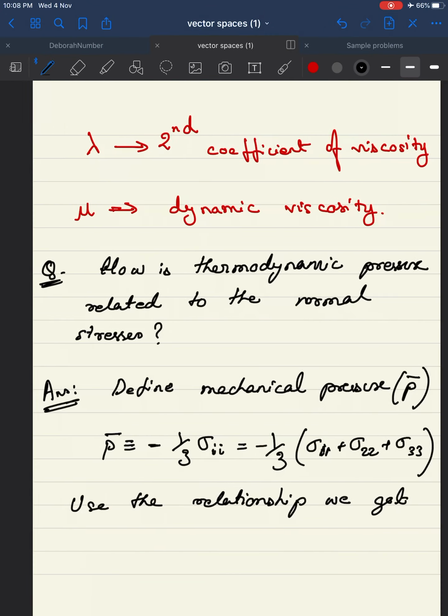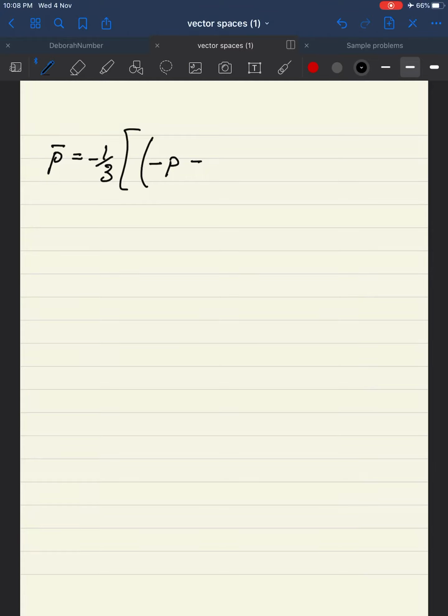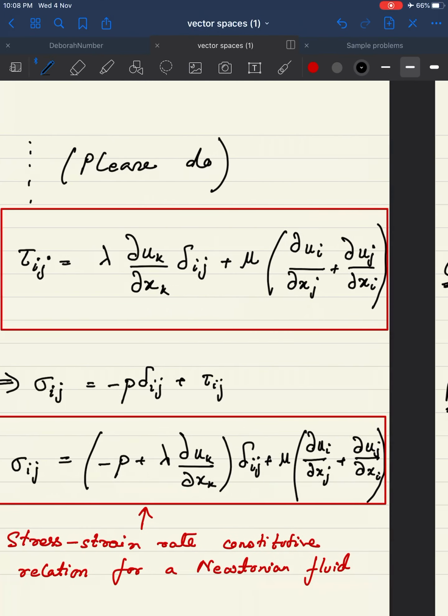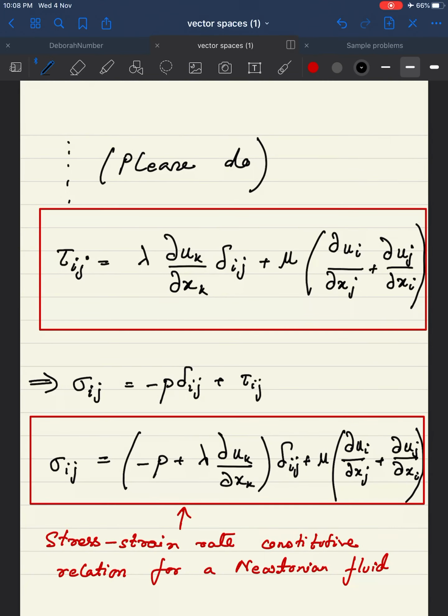Minus P plus lambda del UK by del XK plus, okay, so when sigma II is equal to 1, then when these two i and j are equal, I also have to worry about this term, right?